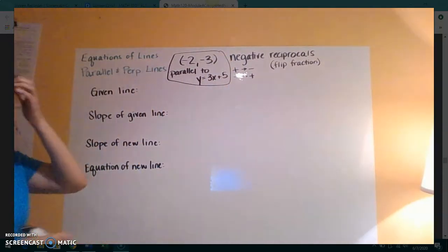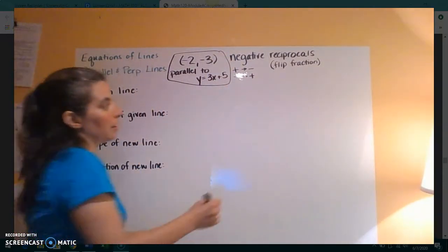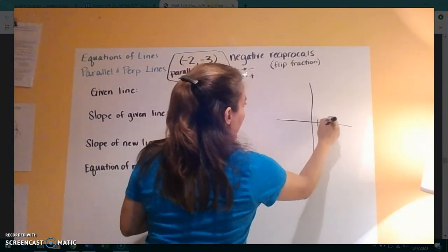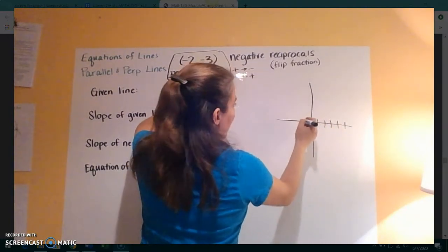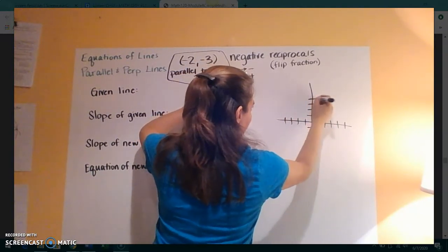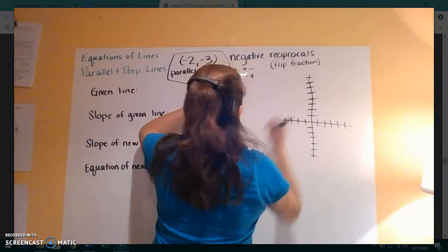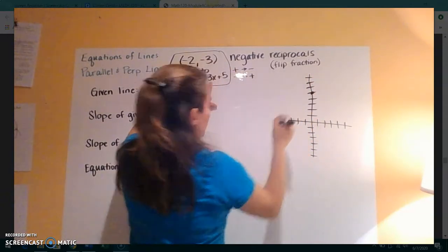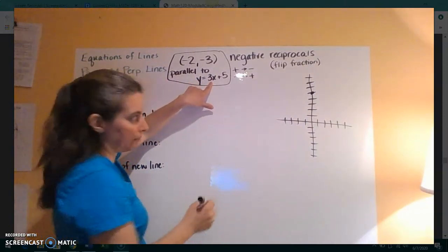So if you want to think about visually what this means, it means that we have a line. We already know a line that's y equals 3x plus 5. So if I think about what I know about that, its y-intercept is 5, slope is 3 or 3 over 1.